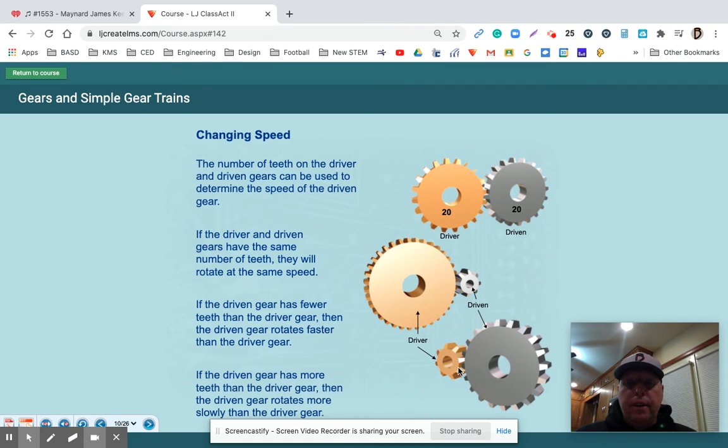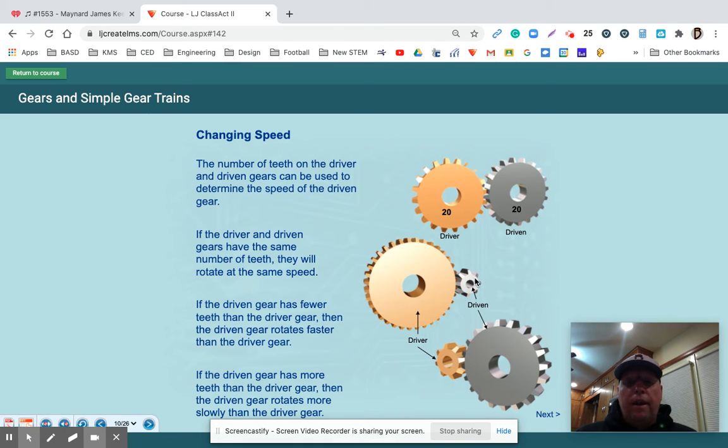If the driven gear has more teeth than the driver gear, then the driven gear rotates more slowly than the driver gear. Okay, so the flip of this: if this driven gear here has more teeth than your driver gear, then the driven gear rotates more slowly than the driver gear.